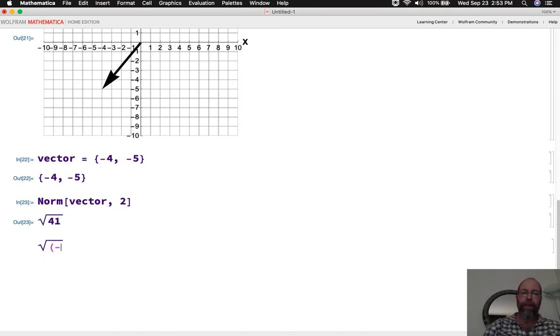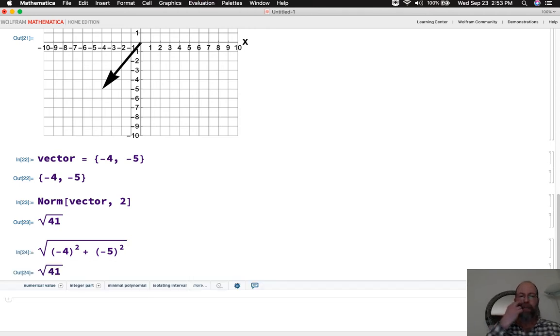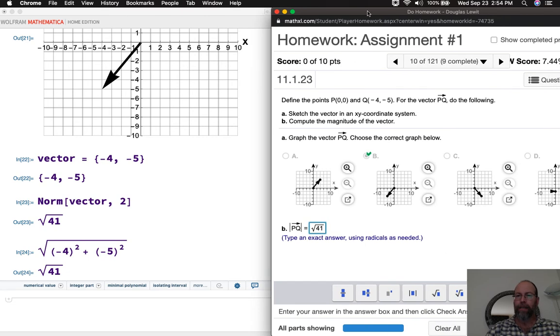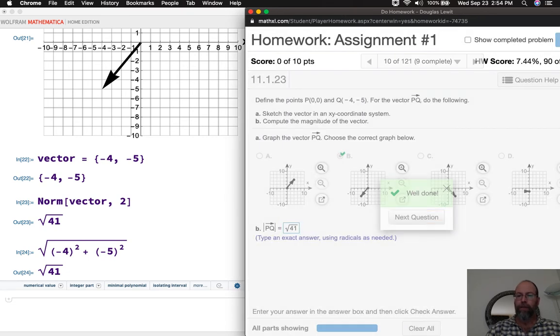I could do -4 squared, or control 6 squared, plus -5 control 6 squared, and shift enter, and that also gives me the square root of 41. And this is the square root of 41. Whoops, I forgot my square root. Square root of 41. And let's see. Check answer.